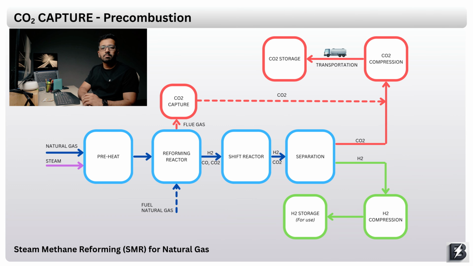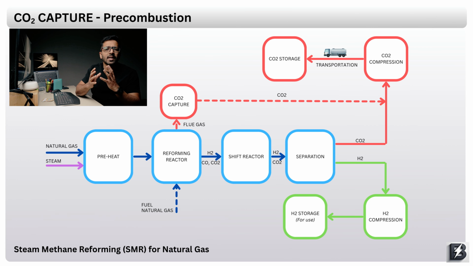Let's look at steam methane reforming, or SMR. SMR is the most established hydrogen production technology in the world. Natural gas reacts with steam over a nickel-based catalyst at high temperature, producing syngas. After the water-gas shift reaction, CO2 concentration increases and is separated using chemical absorption, typically amines, or physical solvents at high pressure.